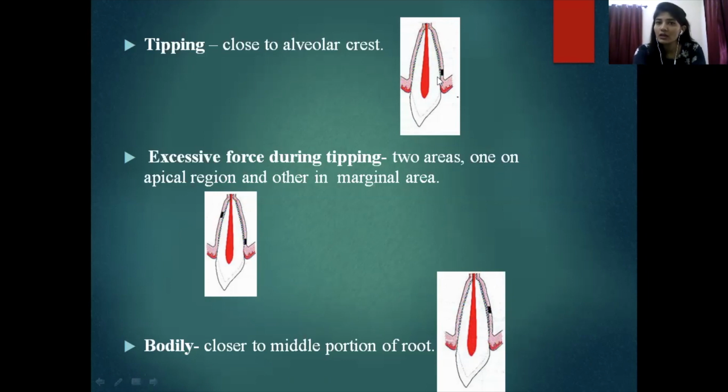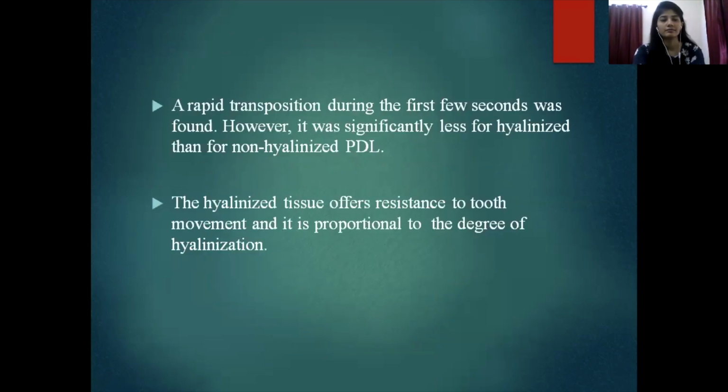For the tipping, the forces act at the crestal area. If there are excessive forces beyond the limit, then there is uncontrolled movement of the crown as well as the root of your tooth. But if you want the bodily movement, then you have to apply the force somewhere in the middle or towards the center of resistance of your teeth.